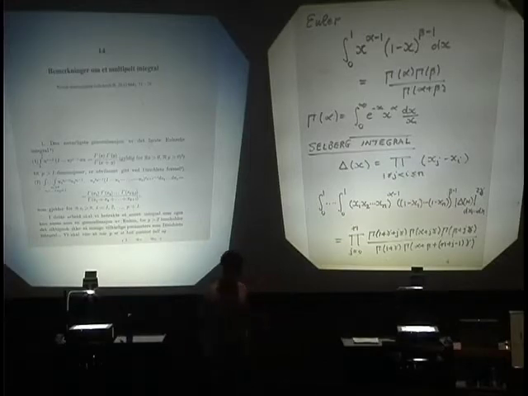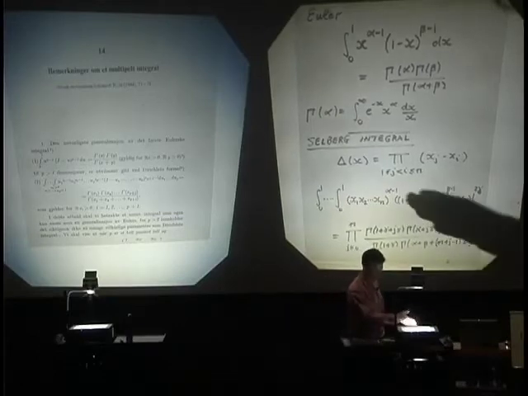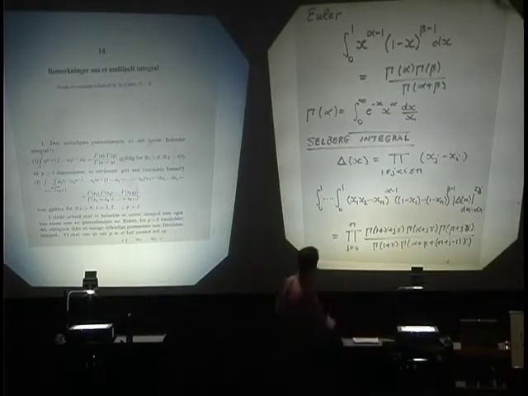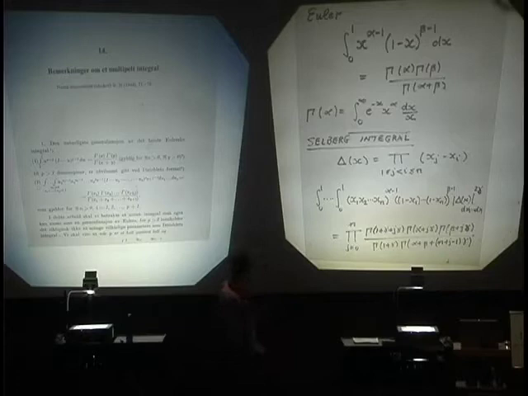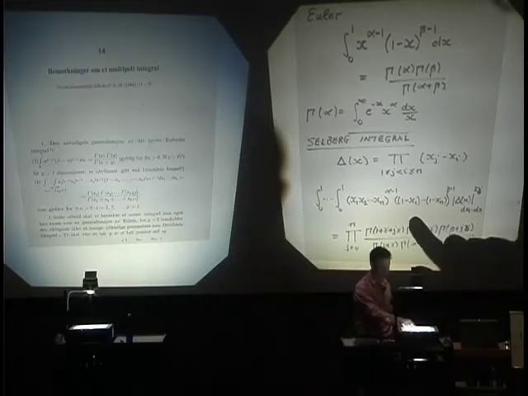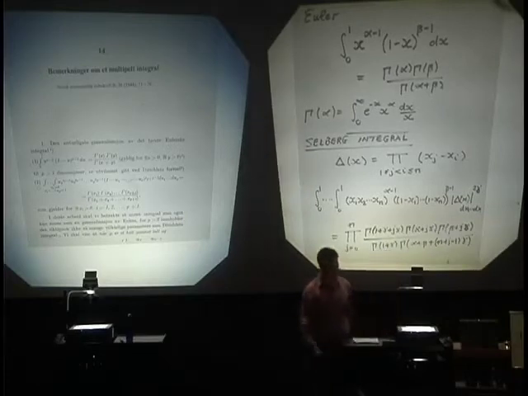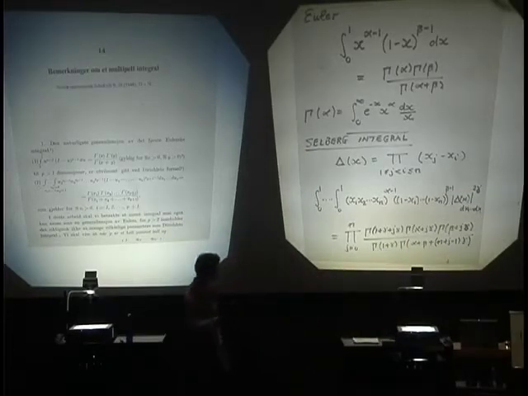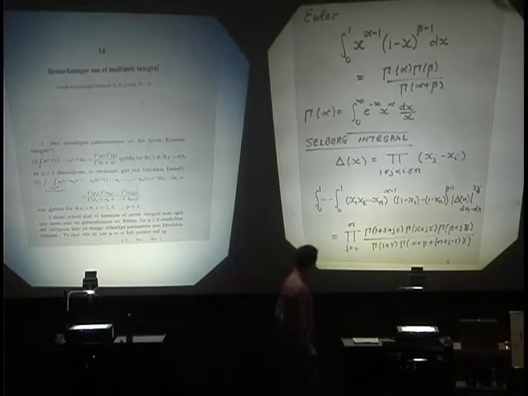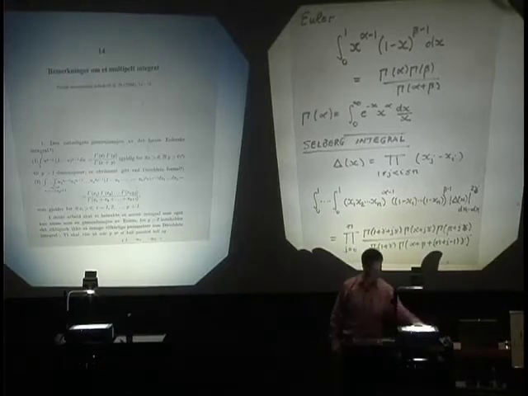What Selberg discovered was something quite far, far deeper, and it's the following multiple integral from 0 to 1, n-fold integral of x1 times xn to the alpha minus 1, and then you take 1 minus x1 times 1 minus xn to the beta minus 1. Again, alpha and beta are real or complex numbers, and gamma, as long as this makes sense, this is going to be an identity that's true.